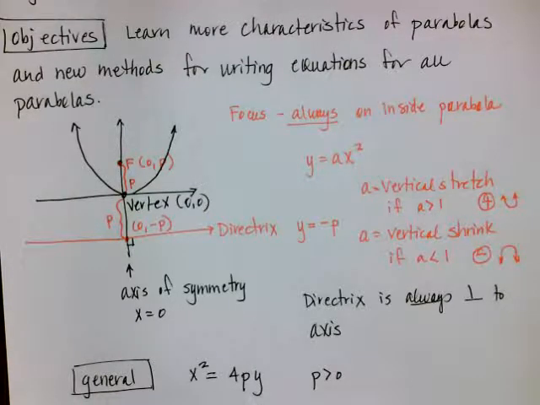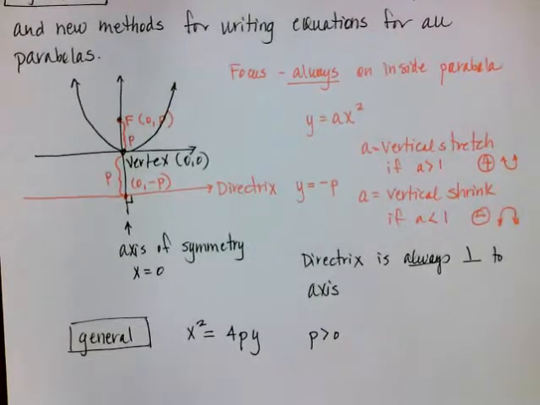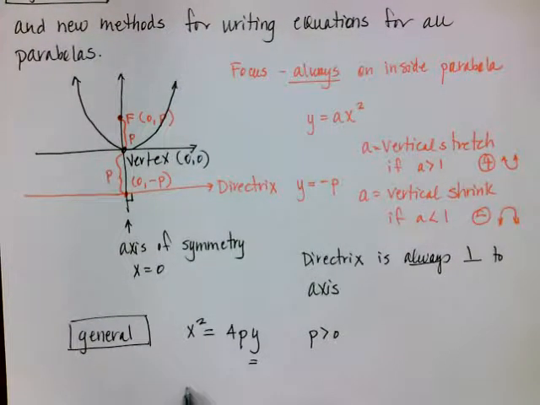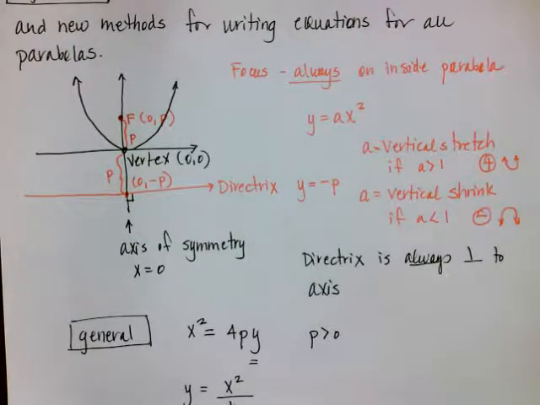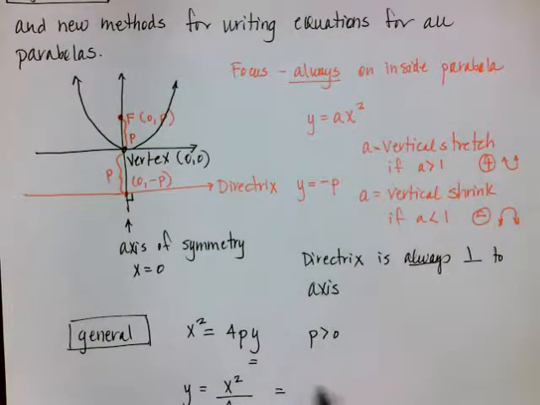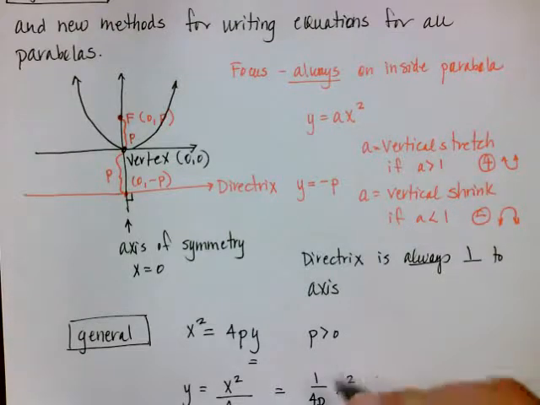This is not a form that we like to see. It kind of hurts our head a little bit. So I'm going to rewrite this equation, solving for y. I get y is equal to x squared over 4p, dividing both sides by 4p. And I'm going to rewrite this one more time as y is equal to 1 over 4p times x squared.